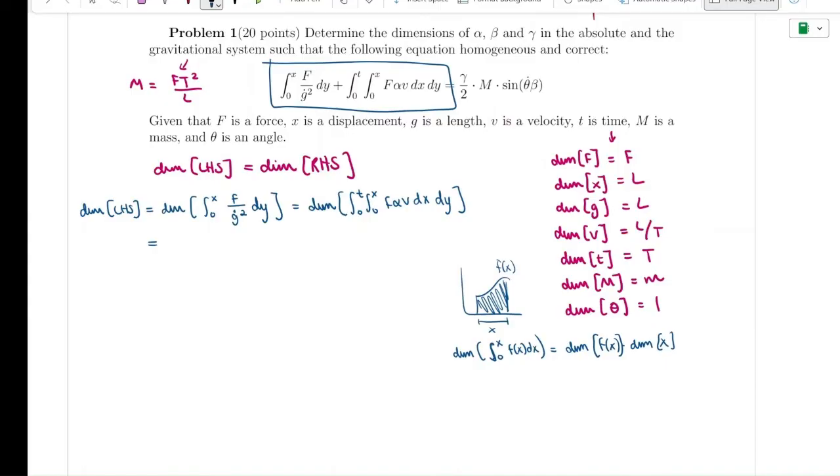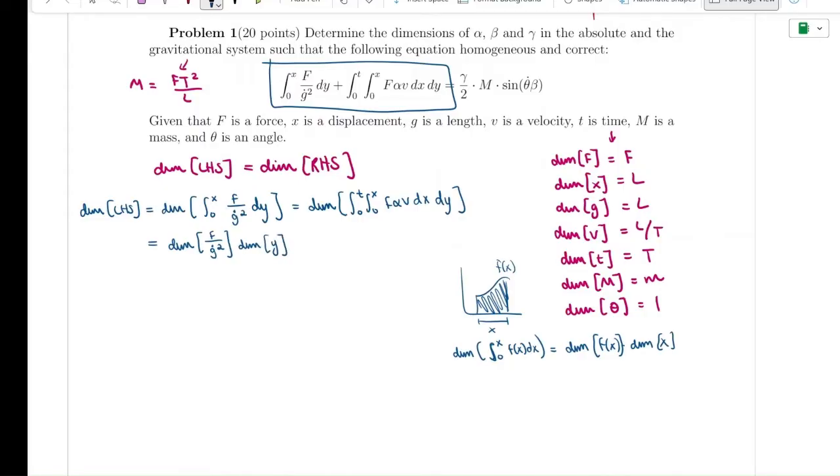That's the idea to keep in mind: the integral really is an area. So when you find a dimension, you're just taking the dimension of the integration bounds times whatever is inside the integral, which in this case is f over g dot squared. So this becomes the dimension of f over g dot squared times the dimension of y.